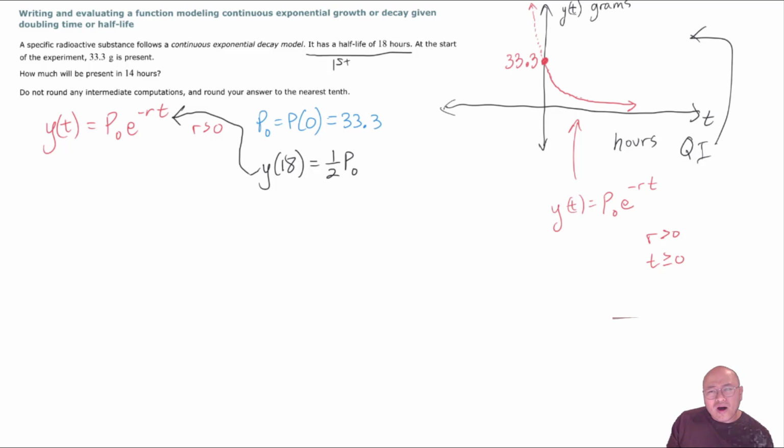So we're going to write y of t when t is 18. So 1/2 p naught is y of t when t is 18. So that goes on the left-hand side. We're substituting, and it is now equal to p naught e to the negative r, where t is 18.